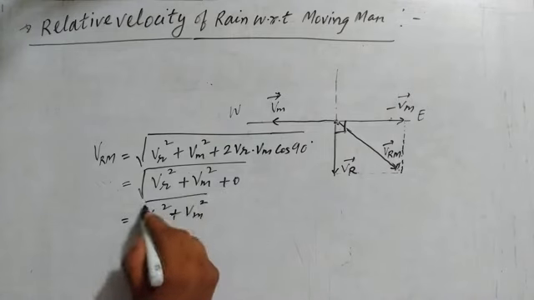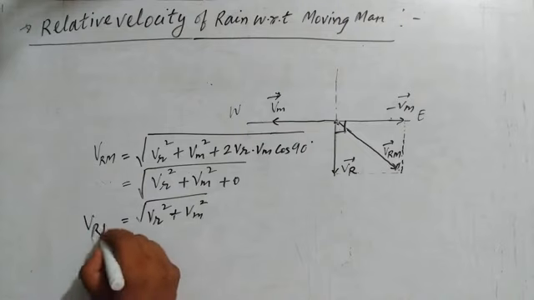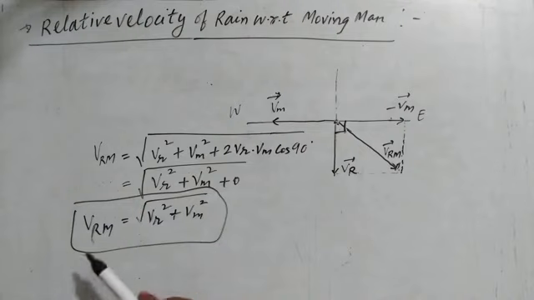So by this method we can easily calculate the relative velocity of rain with respect to the man.